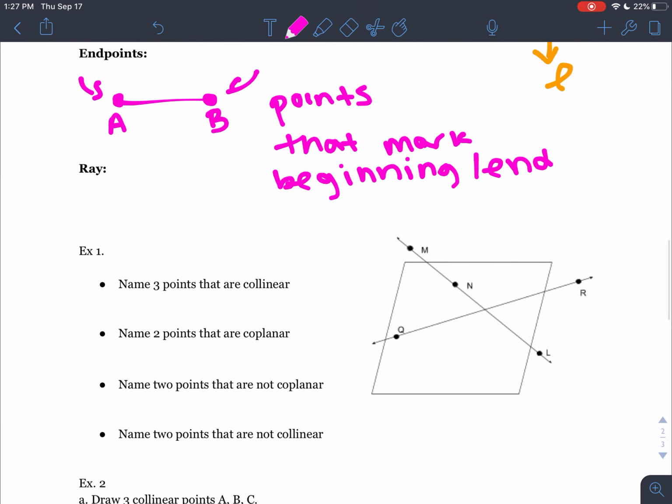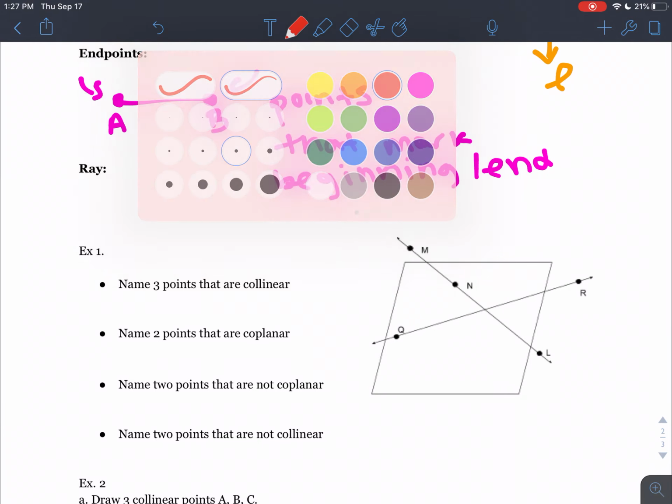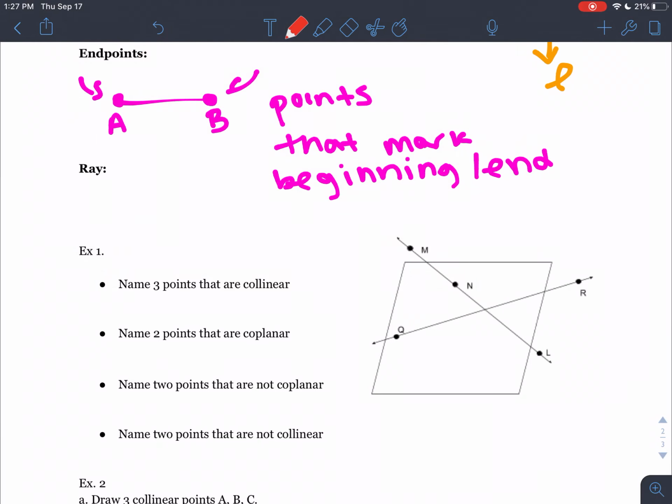Now, a ray is the last one. A ray is kind of a mix between a line segment and a line. A ray has an endpoint and goes on forever in one direction.